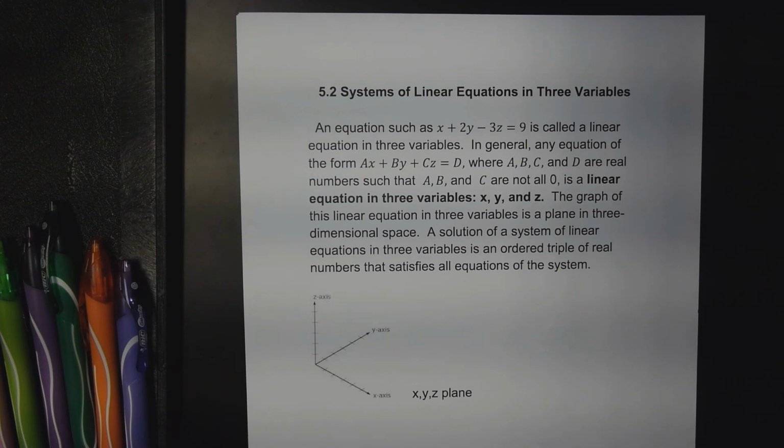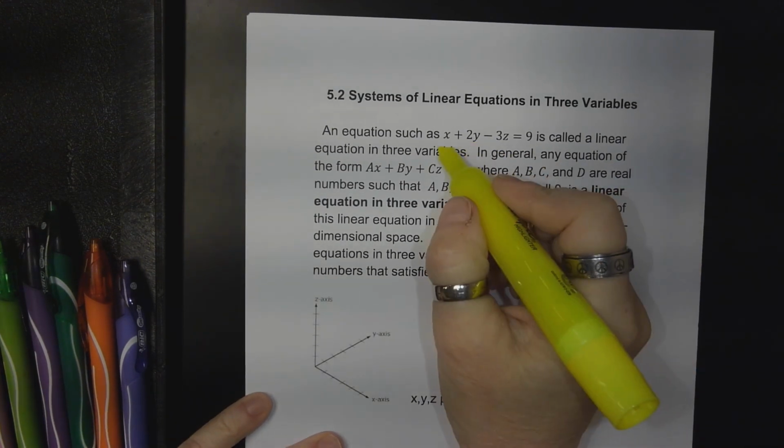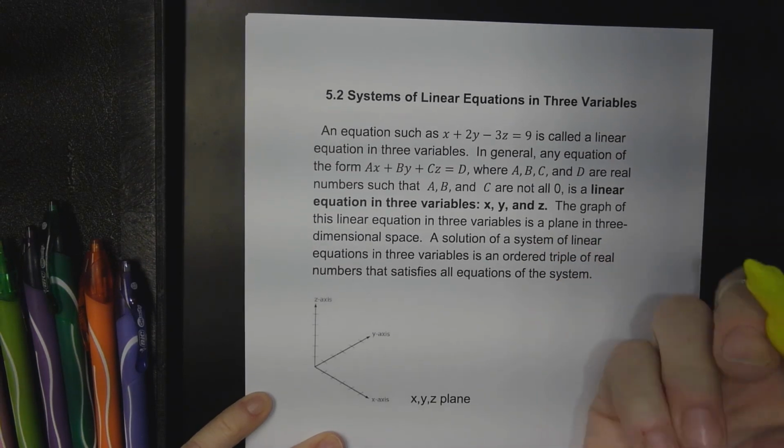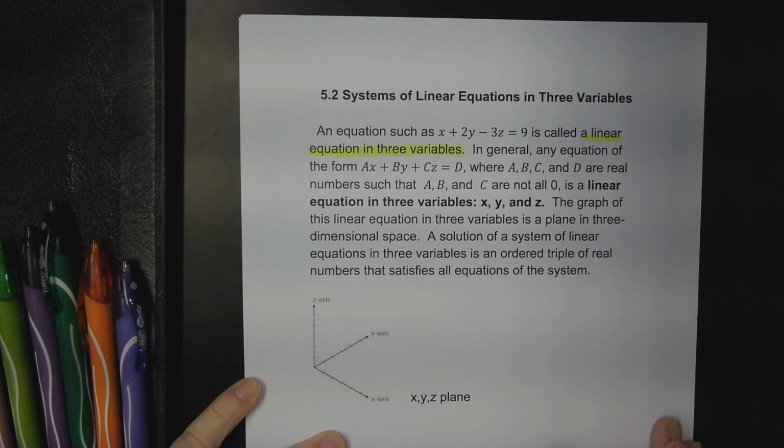Okay, today we're going to do 5.2, systems of linear equations in 3 variables. So an equation such as x plus 2y minus 3z equals 9 is called a linear equation in 3 variables, okay?